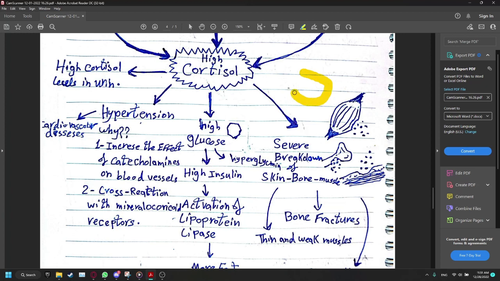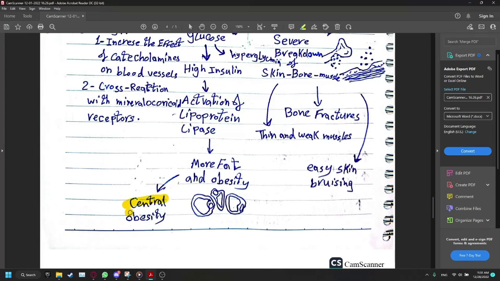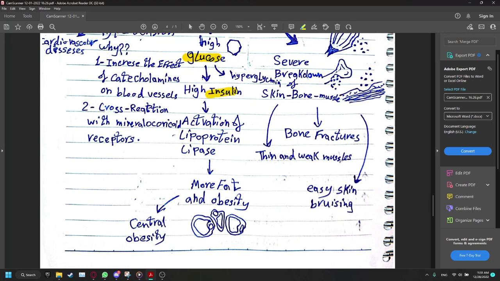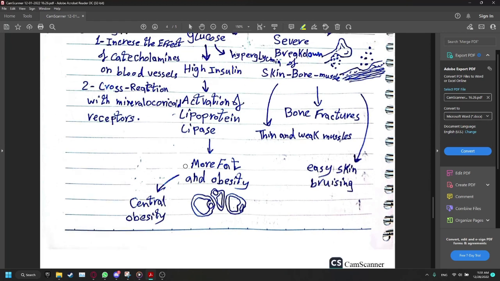This is why it's stored as fat. And when someone has high cortisol levels, they would have central obesity. So basically, too much glucose means too much insulin means too much fat storage, and obesity, and causes central obesity.